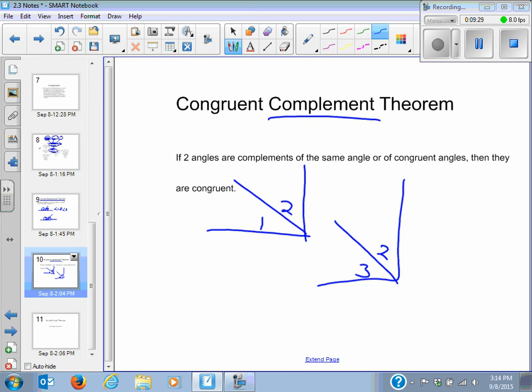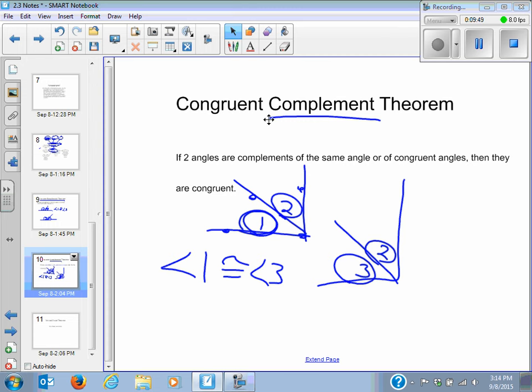And that says because 1 is complement with 2 and 3 is complement with 2, that means that angle 1 again has to be congruent to angle 3. Remember, these numbers can change. This is not the only way to name an angle. I can use A, B, C, and D and name the points. That would take a little bit longer, but that is also a possibility.